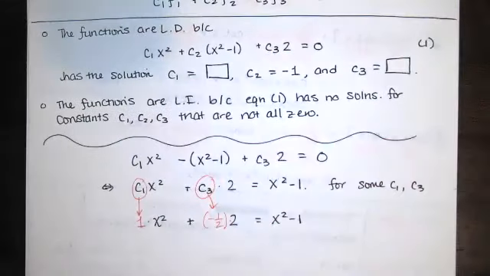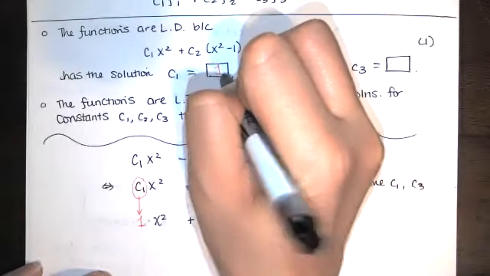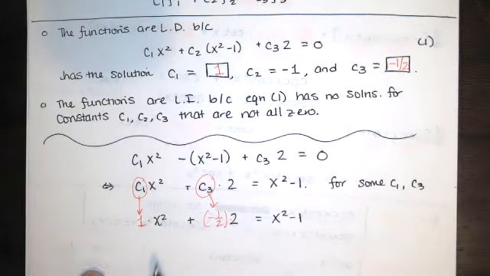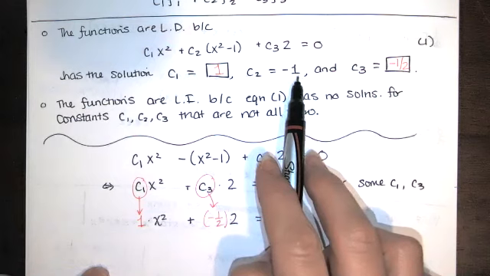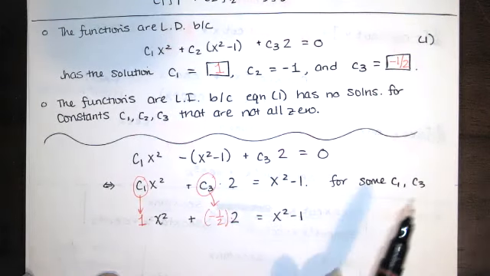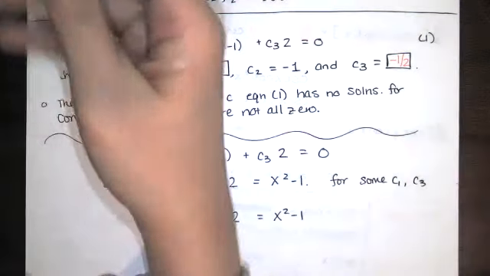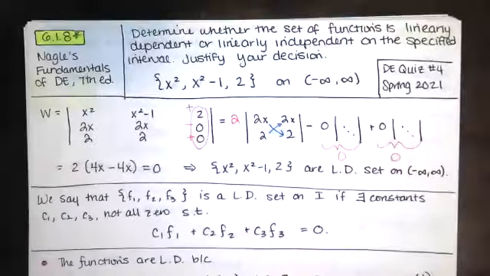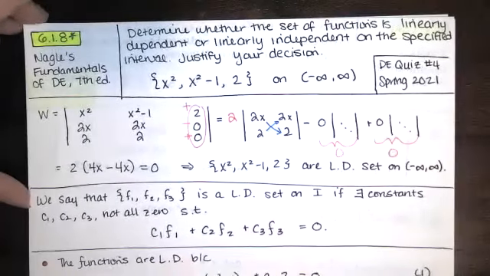So we just said that C1 could equal 1 and C3 could equal -1/2. And if C2 equals -1 and we choose these guys this way, we'll get this function. So that is another way to answer this question 6.1.8 from the quiz number 4 in the spring 2021 semester.